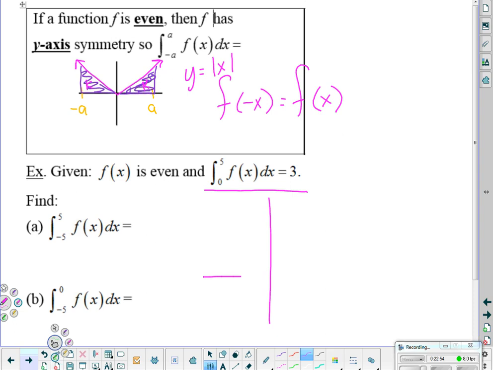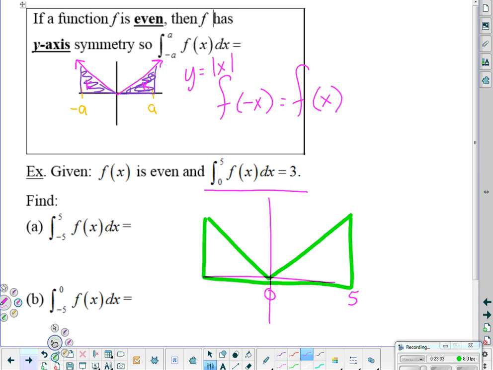Let's just kind of think of the absolute value function. So I'm just going to create out to 5, and here's my 0. It told me this has an area of 3. The region under the curve there would be 3. Likewise, from negative 5 over here, it would have an area of 3.